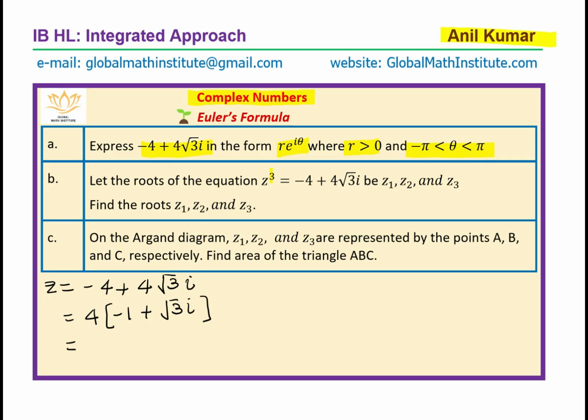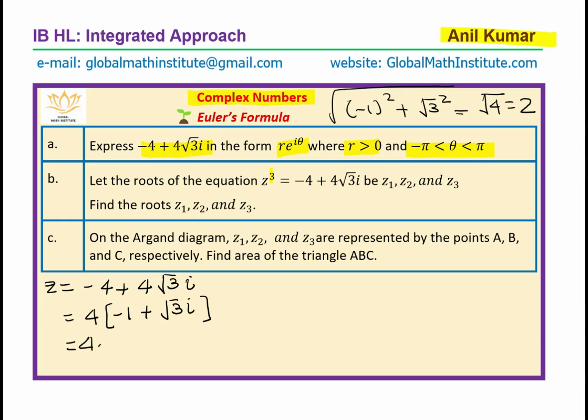Why 2? Because (-1)² + (√3)² is what we multiply and divide with. So this number is 1 + 3, which is √4, which is 2.